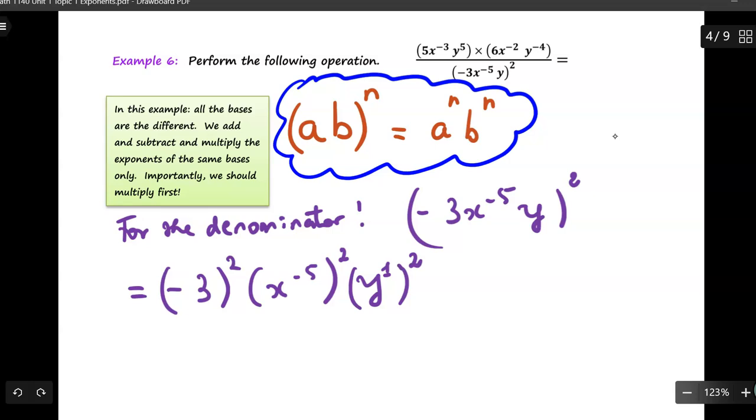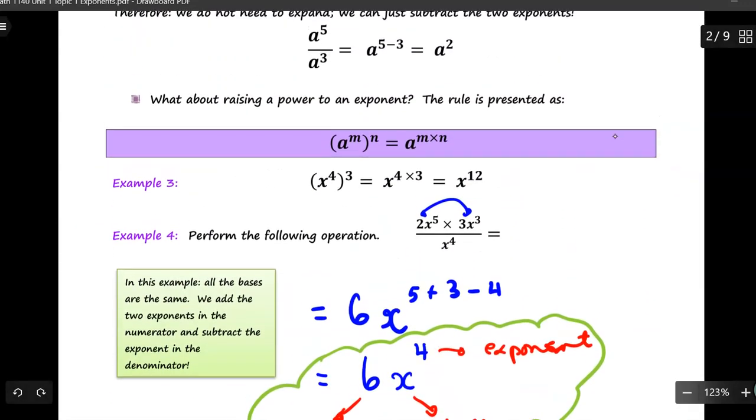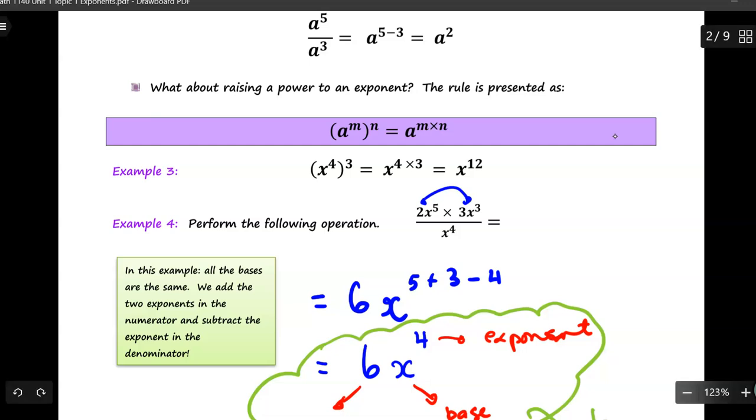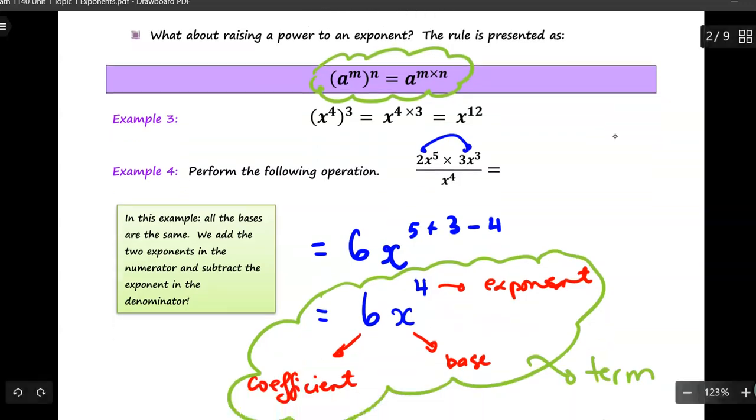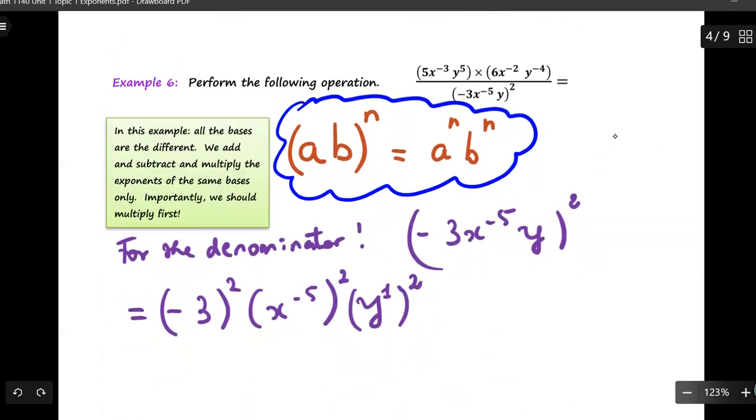Another formula I need to apply is this one that I have shown everyone in the lesson. So now we are going to apply this. You need to multiply the two exponents if you raise a power to an exponent. So I will write it here just to remind everyone.